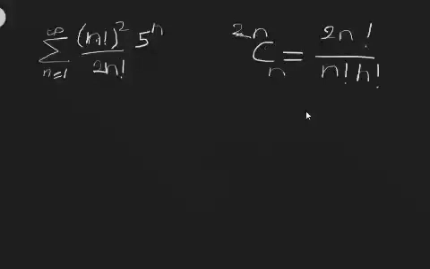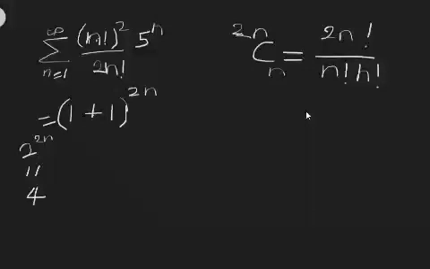So we know the binomial expansion, right? Let's consider the binomial expansion of 1 plus 1 to the 2n, which is the same as 2 to the 2n, which is the same as 4 to the n, right?